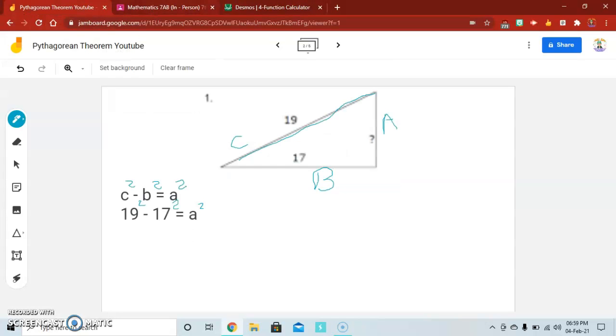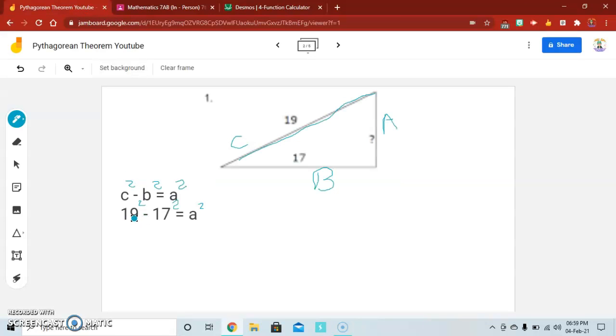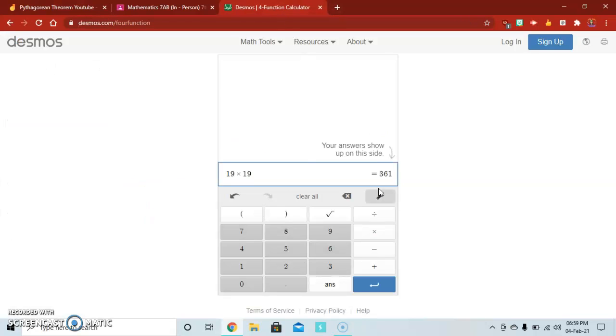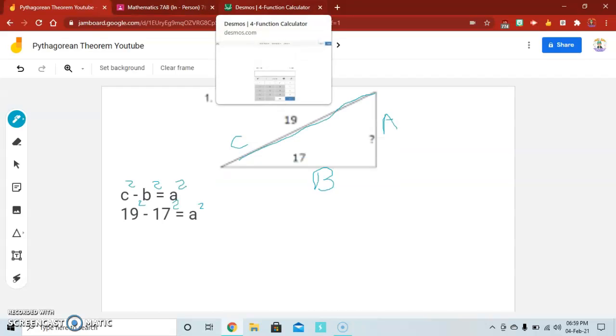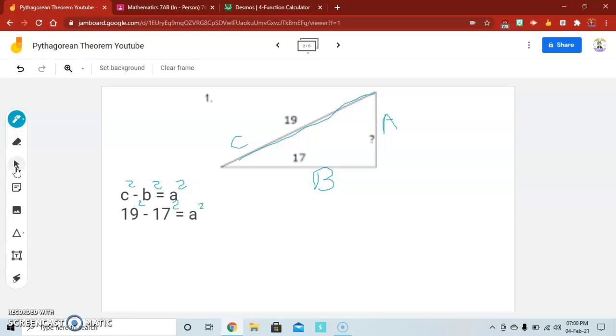So now we're going to type 19 times 19, because squared means to multiply the number by itself. So 19 times 19 is 361, and 17 times 17 is equal to 289.